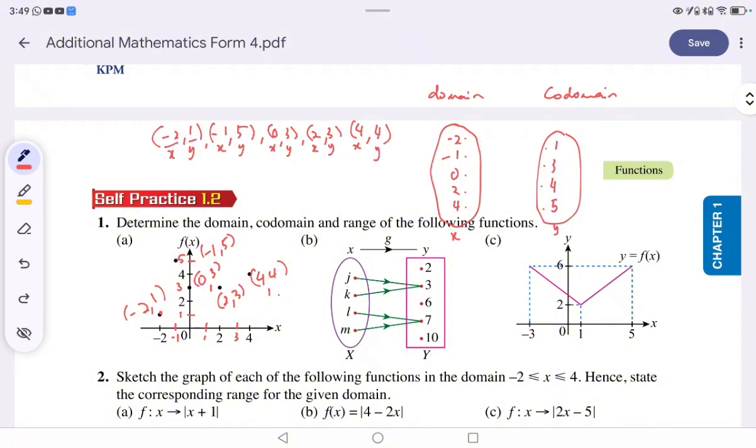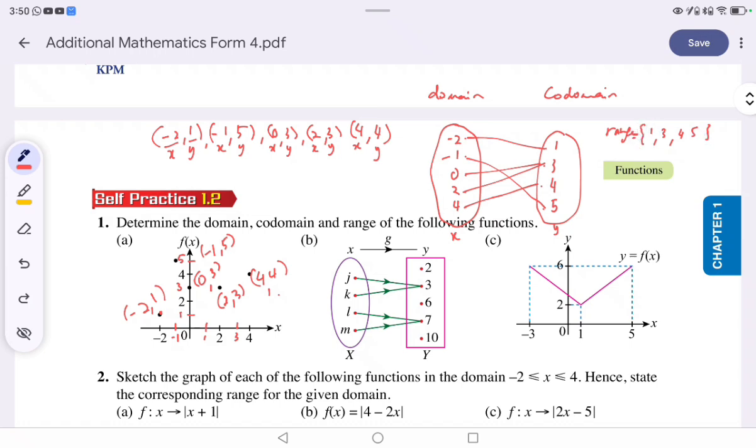Okay, you see: -2, 1; -1, 5; 0, 3; 2, 3; 4, 4. Also the range is the same as the codomain: 1, 3, 4, 5.